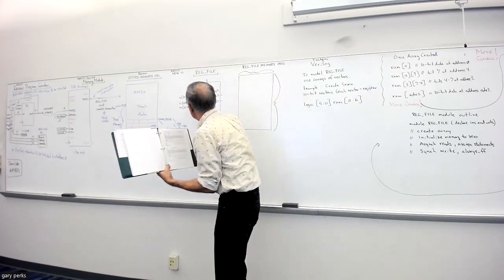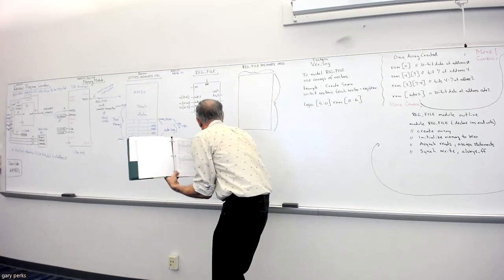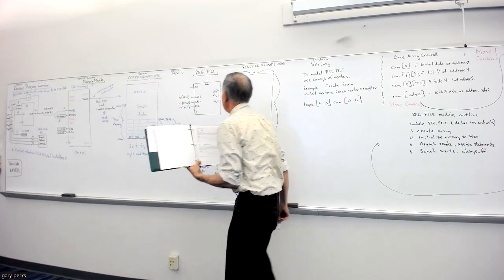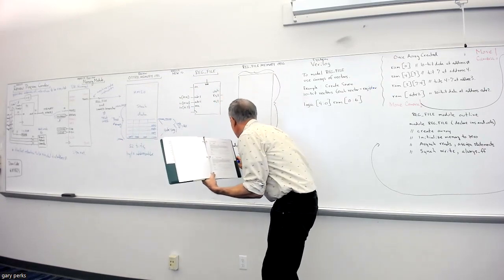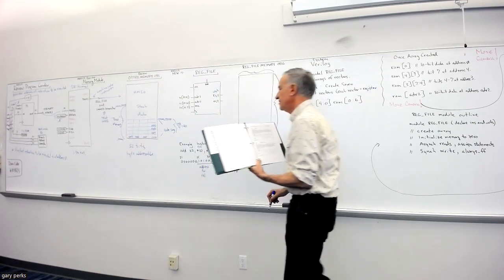And bits 11 to 7, those 5 bits, are the address for the destination register.